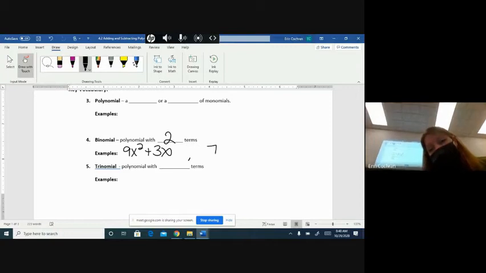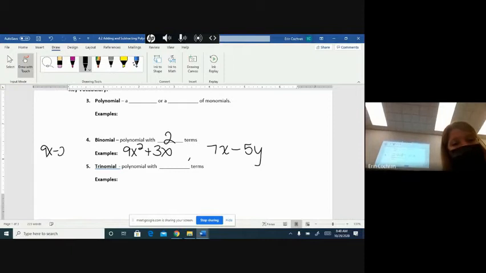What about 7x minus 5y? Is that a binomial? Yes. Okay. Is 9x minus 2x? No, why not, Ryan? Because they're same terms. So what is 9x minus 2x? 7x. So actually it simplifies to a monomial. Okay. All right.